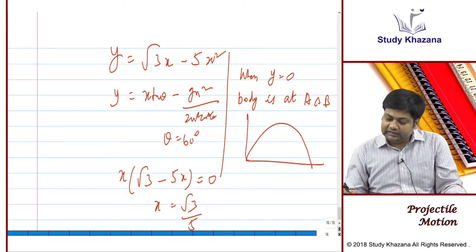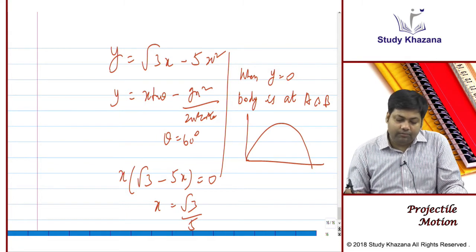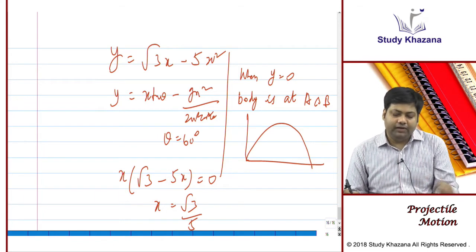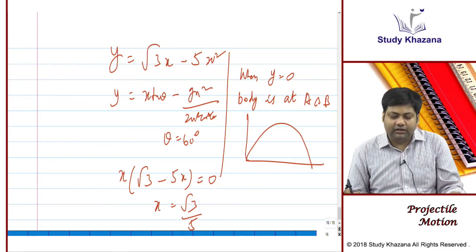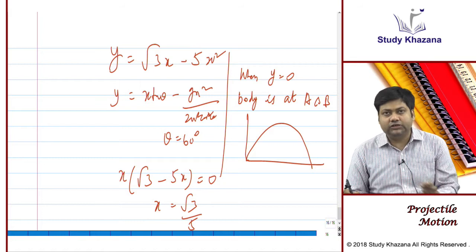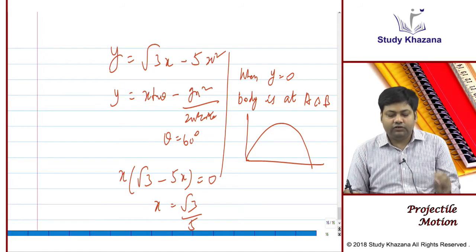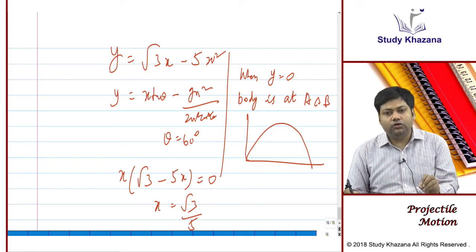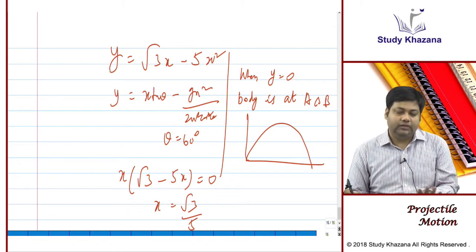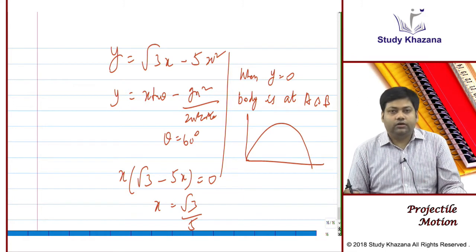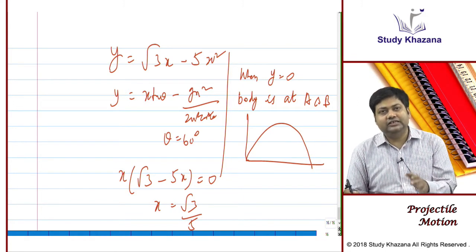Now let's discuss some more results for projectile. Before moving ahead, in a nutshell, we discussed the projectile motion basic assumptions, then we derived the basic expressions for the time of flight, the range, the maximum height, and the equation of trajectory. After that, we came to some more specific results on complementary angle projection, theta and 90 minus theta.